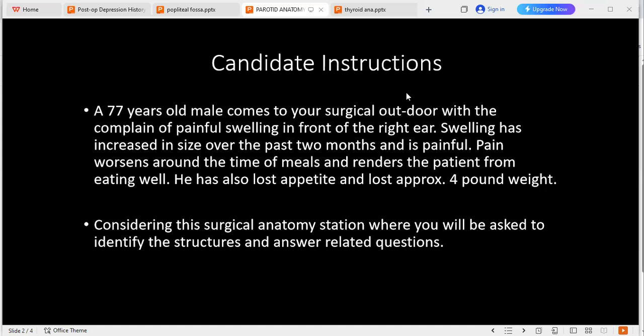Which one is the most common neoplasm? Pleomorphic adenoma. What is adenocarcinoma? Please define Warthin's tumor. Warthin tumor is a local malignant tumor of the parotid gland. A locally advanced tumor.